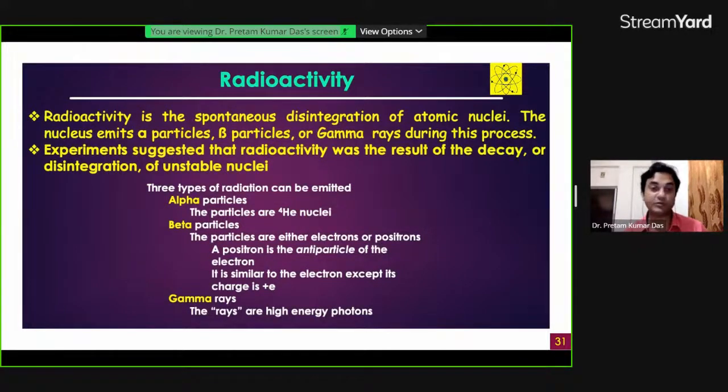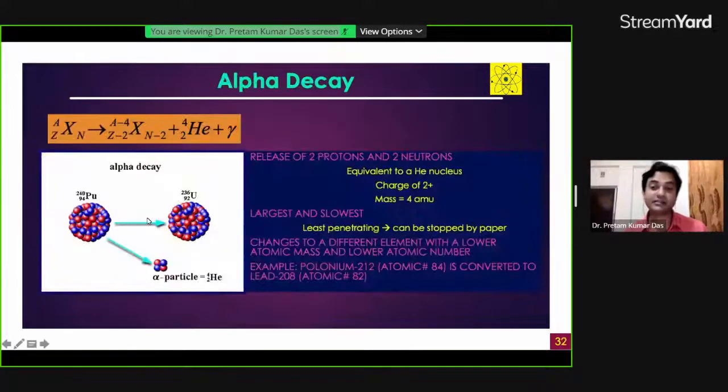From a nucleus we have three types of decay. One is alpha decay, another is beta, and another is gamma decay. You can see this is the example of alpha decay. When a nucleus decays by alpha, that nucleus becomes two lesser in Z number and four lesser in mass number, and the region is what I told previously.